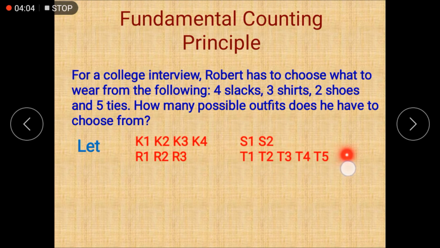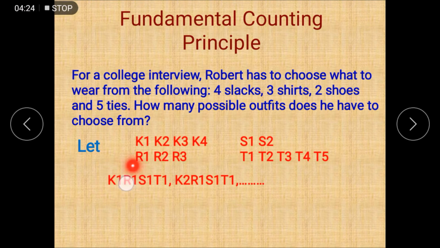If he has to wear one item from each category, we do matching. In this case Robert can wear K1, slack number 1, with shirt number 1, shoes number 1, and also tie number 1.